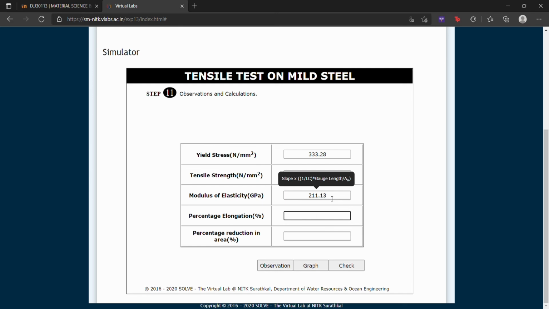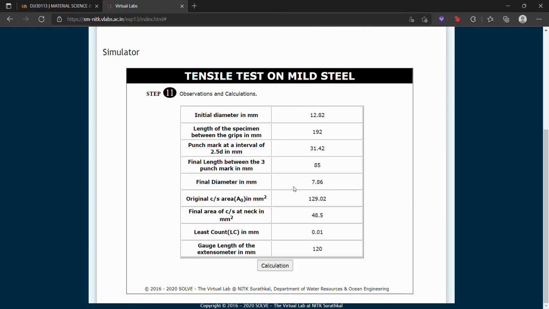Next, percentage elongation. For the formula, we need to take final length minus punch mark times 2, over punch mark times 2, and then times 100. Based on the observations given, the final length is 85 and the punch mark is 31.42, and we need to use 31.42 times 2, and then we will get 62.84.